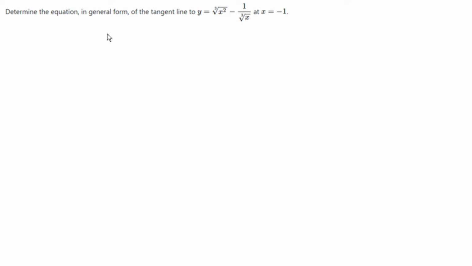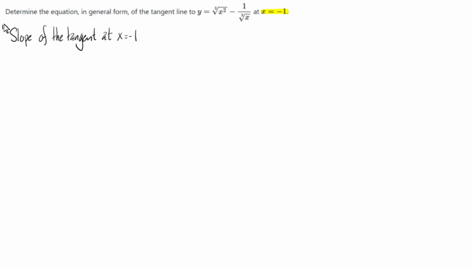The first one is going to be to find the slope of the tangent line at x equals negative 1.